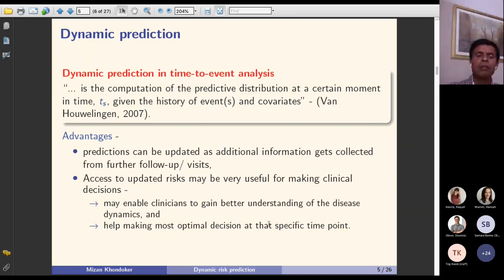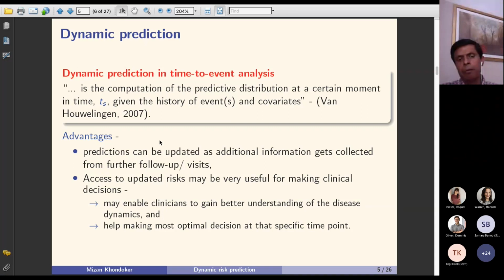And this is how Van Houwelingen defined dynamic prediction in the context of time to event analysis. It is defined as the computation of the predictive distribution at a certain moment in time, TS, given the history of events and covariates. This has been defined in the context of landmark analysis, which I will come back to later.